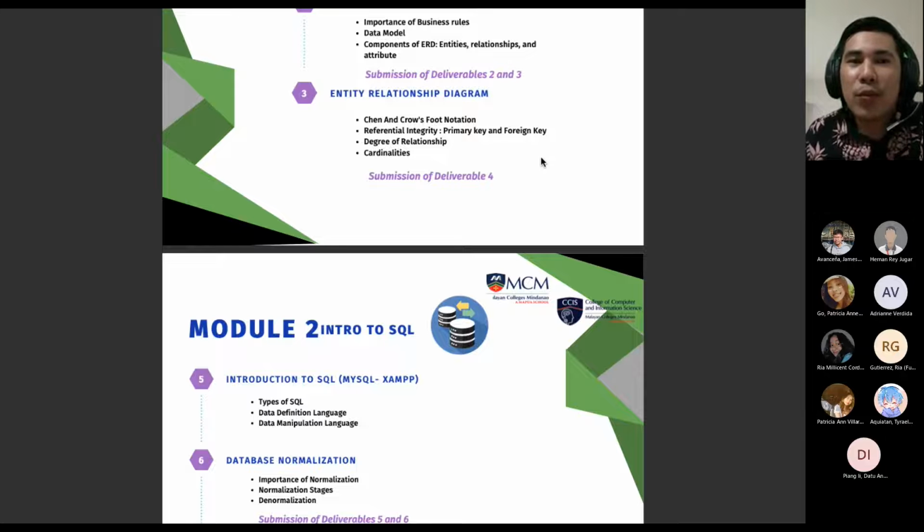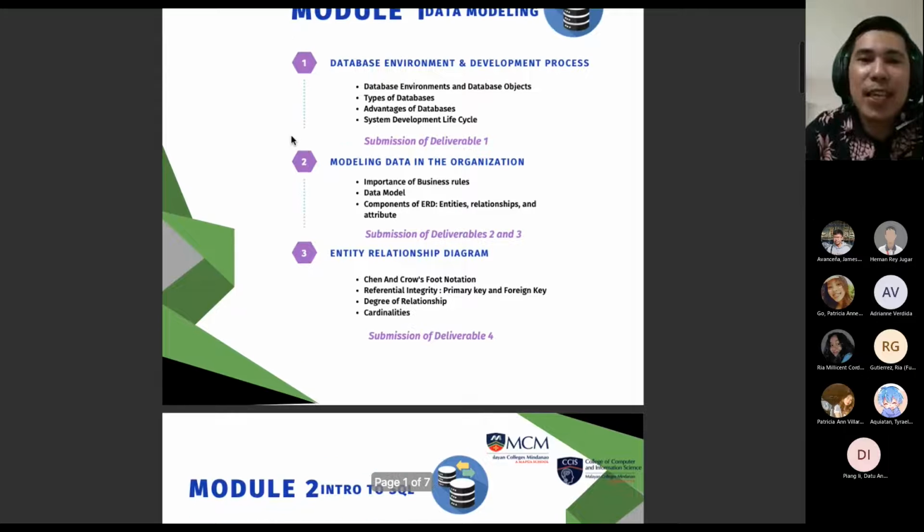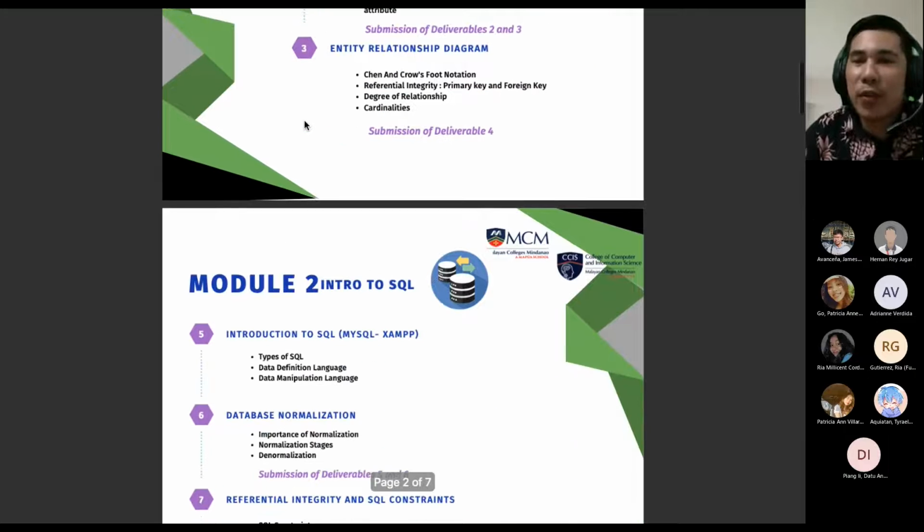I'm going to introduce two notations: the Chen notation, created by Peter Chen, and the crow's foot notation, by Ted Codd, if I remember correctly. Historically, these are the people who created these notations. So that's module 1. So far, any questions?